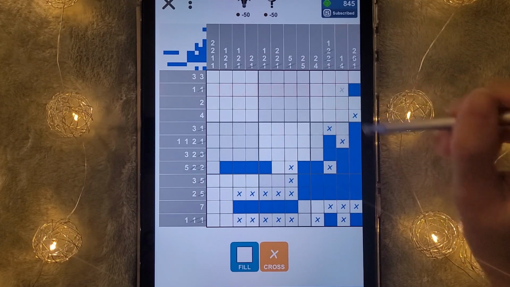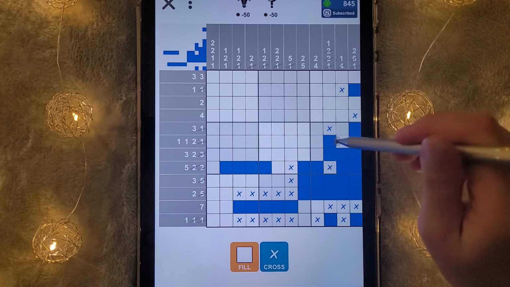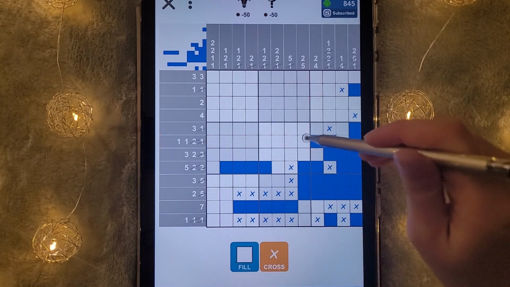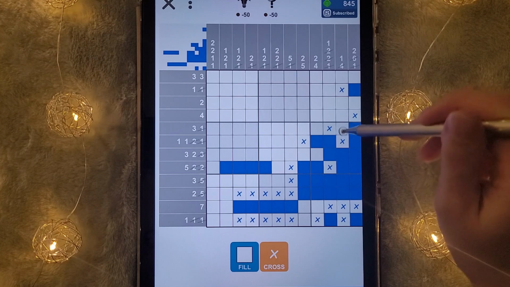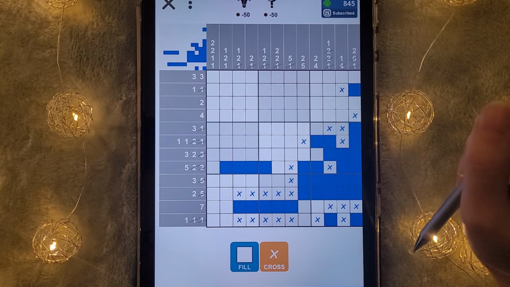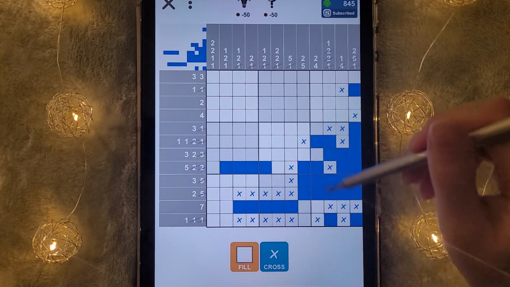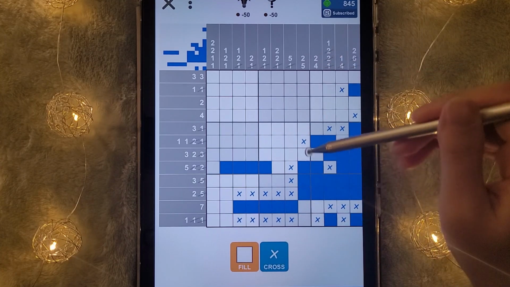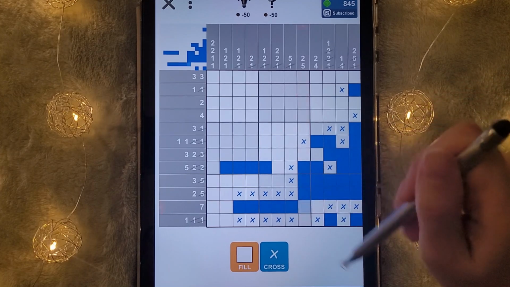So let's cross that out, and now I can fill in a 2 here, and leave an X there, and I can put an X there for this 1. And I think for the 5 going down this way, let's count that out again. 1, 2, 3, 4, 5.